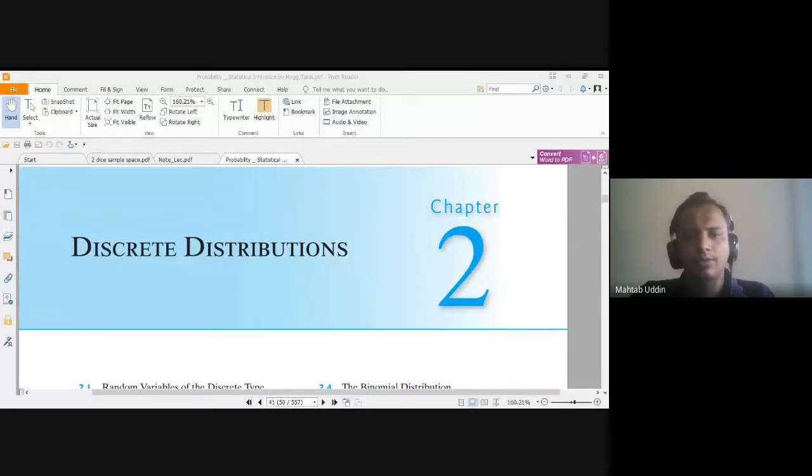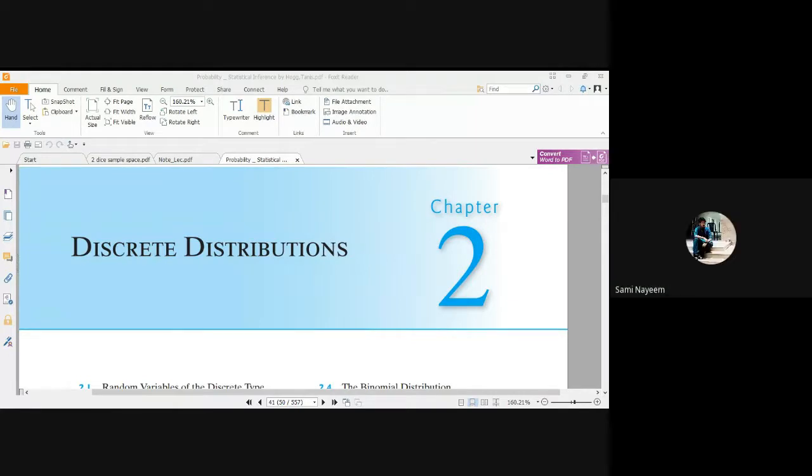Can you see the book? Yes, sir. Before entering the discrete distributions, I first have to discuss what a random variable is. Is there anyone who has any idea about the random variable?